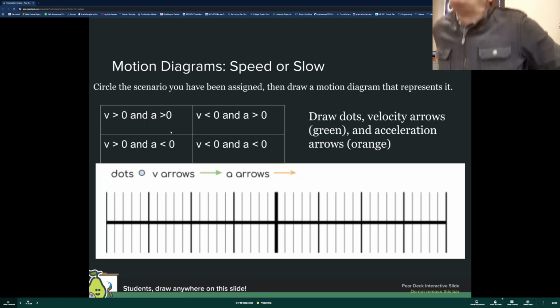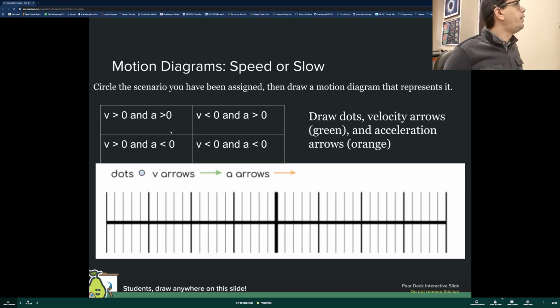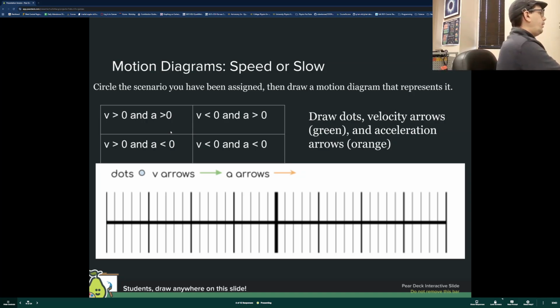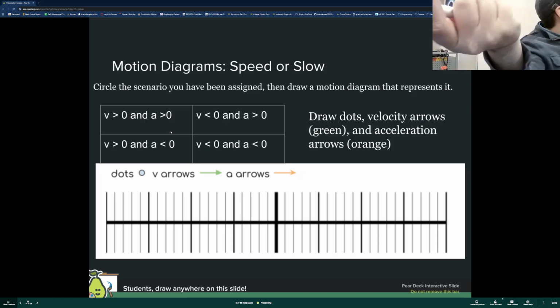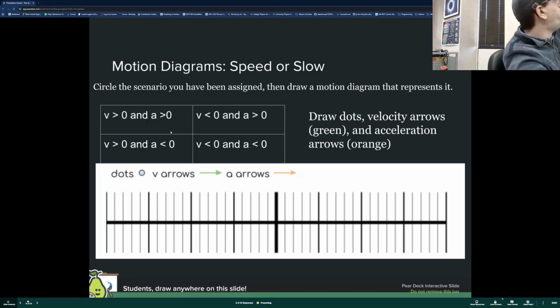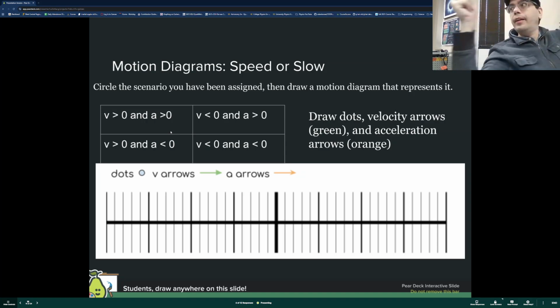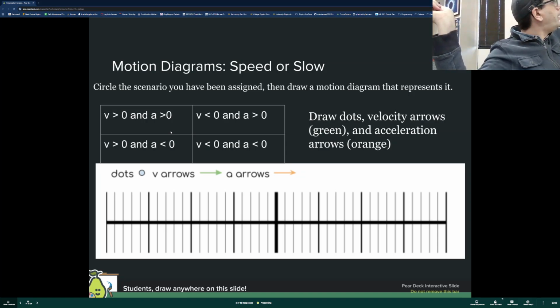Okay, so I will divide it up. Let's see, what's a good way? How about you two do the velocities negative and accelerations positive, and then you two do velocities positive and accelerations negative, and then Subi and Kate do both are negative, and then we'll start back over.